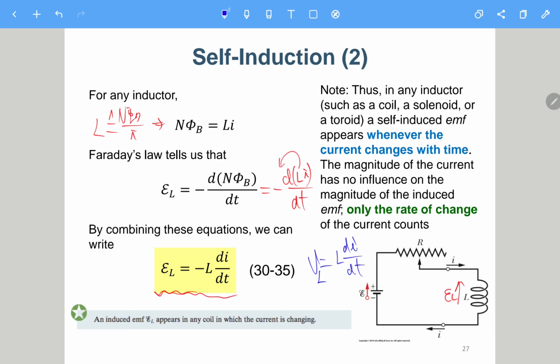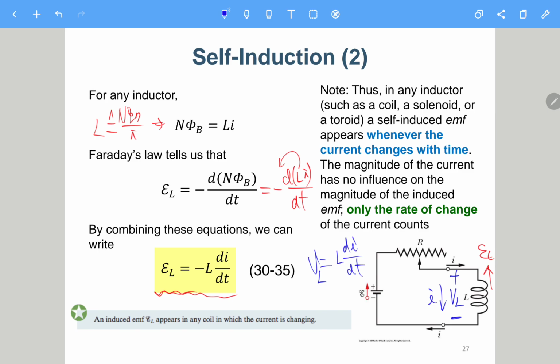I can still write this as the direction of E_L, and usually I will write this is V_L, this is the higher part, this is the lower part, and this is the current going through the inductor. So we have V_L equals L di/dt.